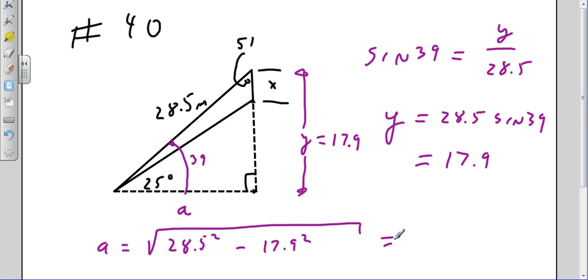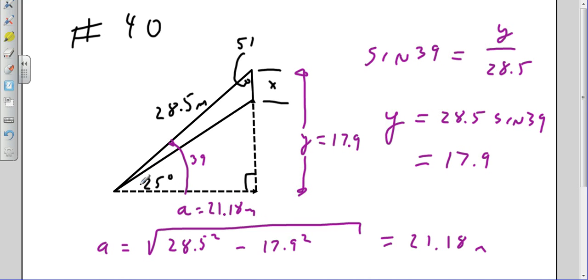So I have 28.5 squared minus 17.9 squared, and I'm going to find the square root of that, and I come up with 21.18 meters. So this side is 21.18 meters.